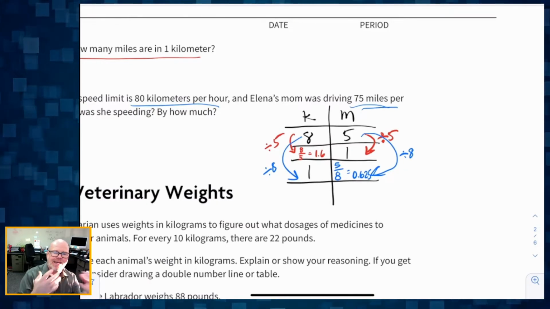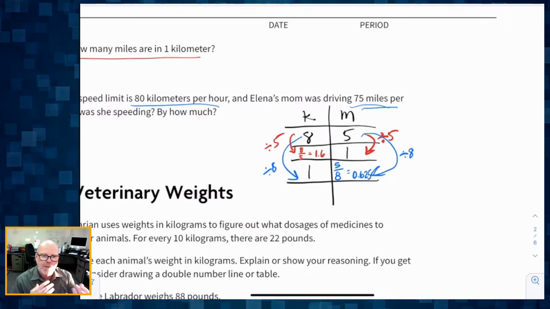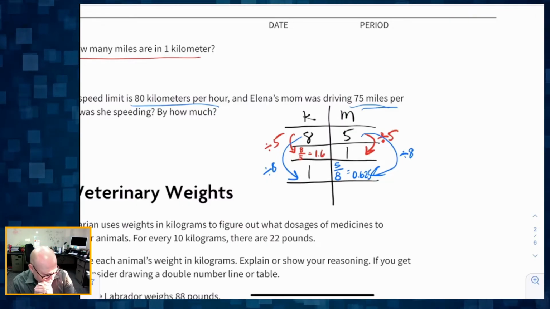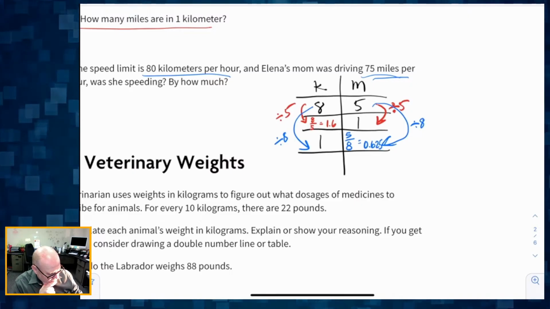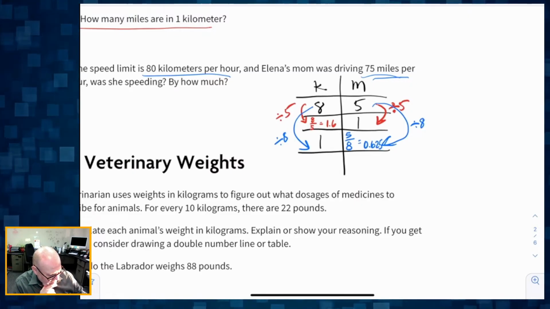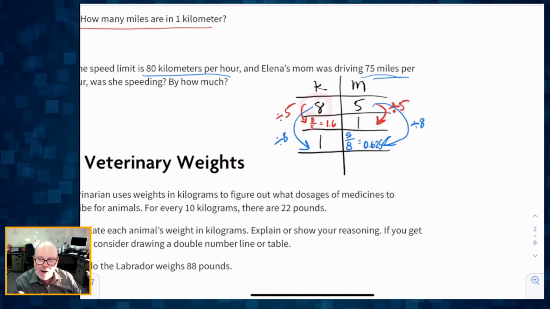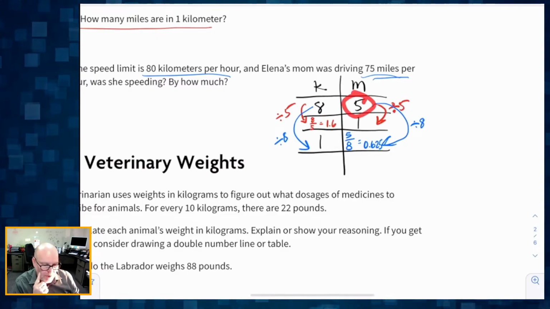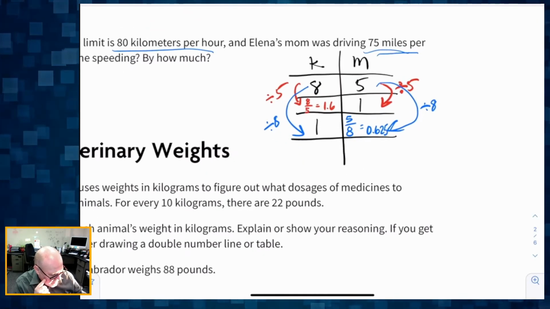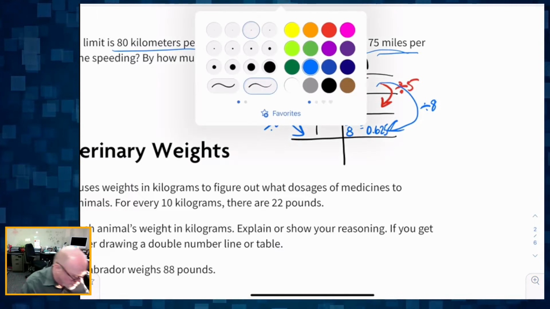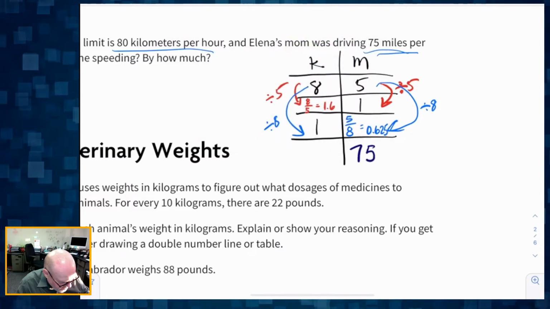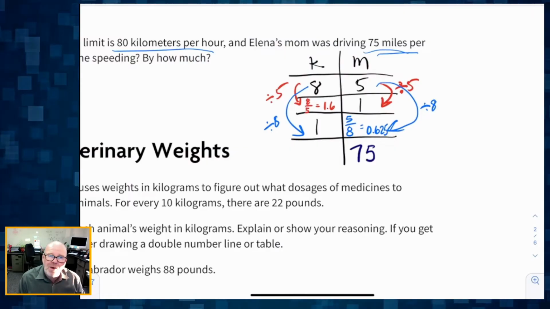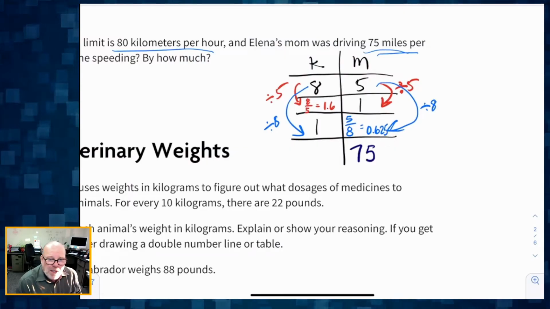Now, somehow I need to connect kilometers and miles. I know that 8 kilometers per hour is equal to 5 miles per hour. I want to know if mom was driving 75 miles per hour, how much was she speeding?